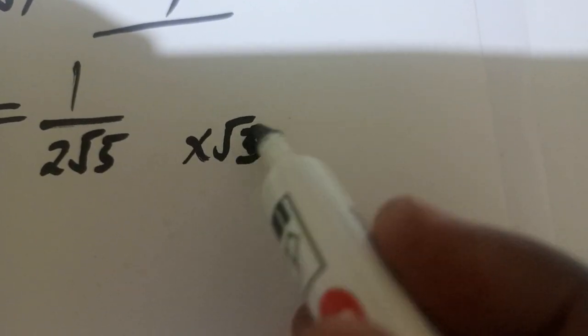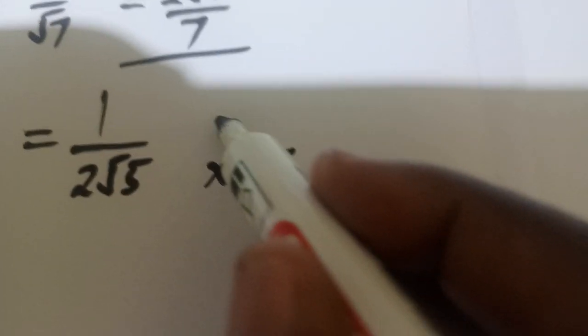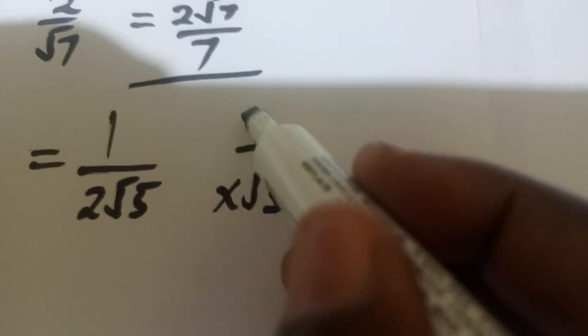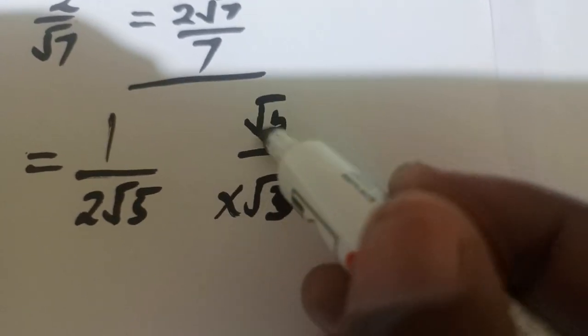So what we do in this case, we look at the surd part, not the sad as in the opposite of happiness. So here we have root 5. So we multiply this denominator by root 5, and then the numerator also by root 5.